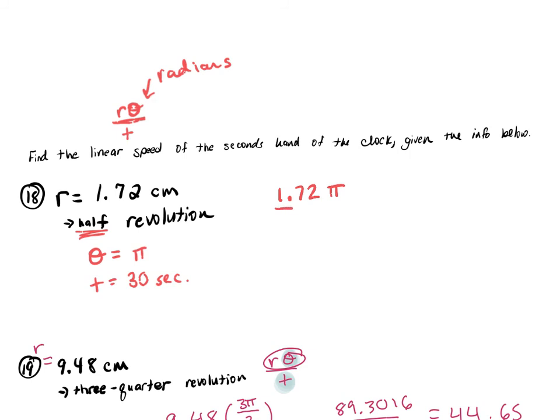Just got to put it into our calculator. 1.72 times 3.14 divided by 30 gives us 0.18. This would be centimeters per second.